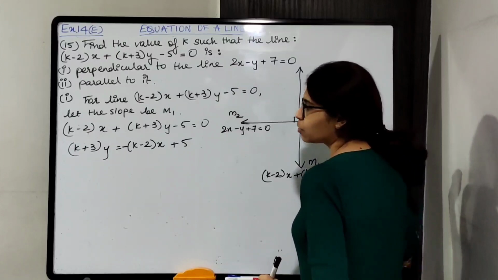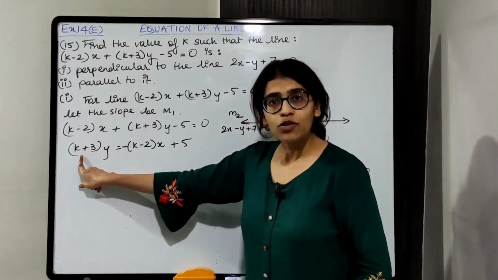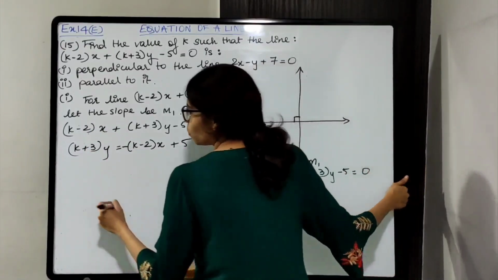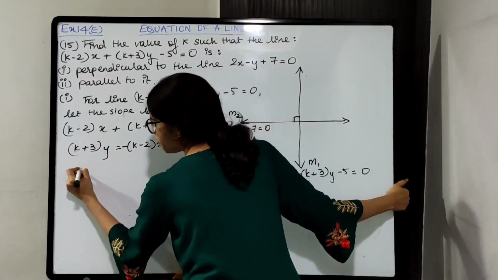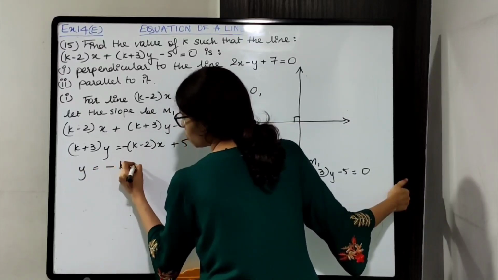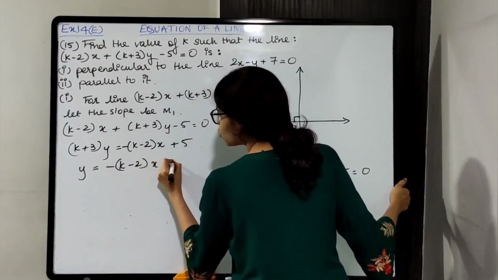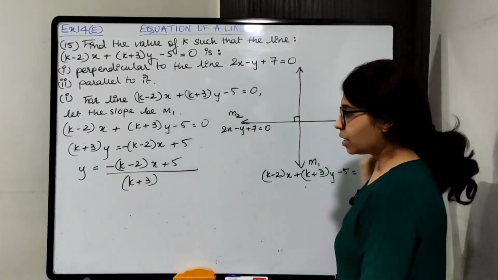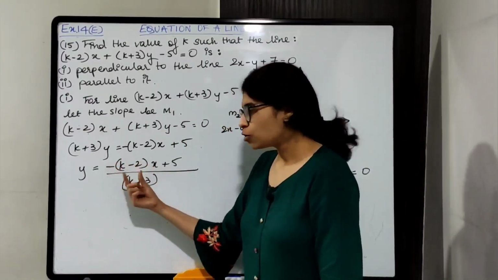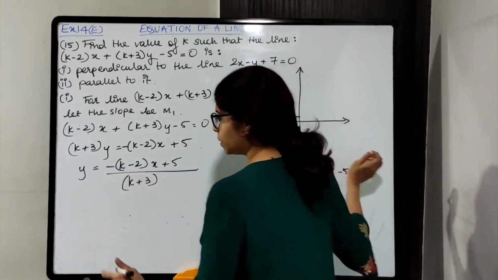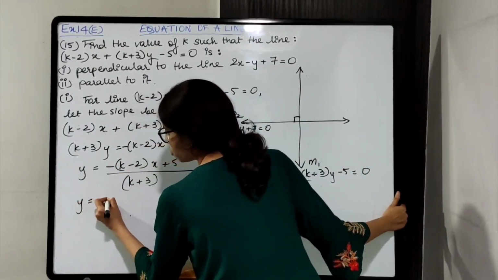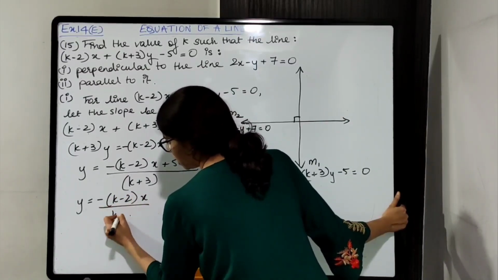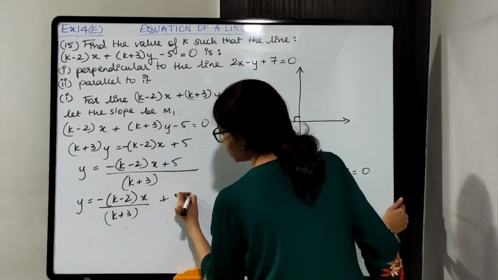Okay, so the coefficient of y should be 1. So we will shift k plus 3 to the other side too. When you shift it, it will go in the denominator. So the entire RHS will be divided by k plus 3. Separate it, it is the denominator of the x term also, of 5 also. So we separate it: minus (k minus 2)x upon k plus 3 plus 5 upon k plus 3.